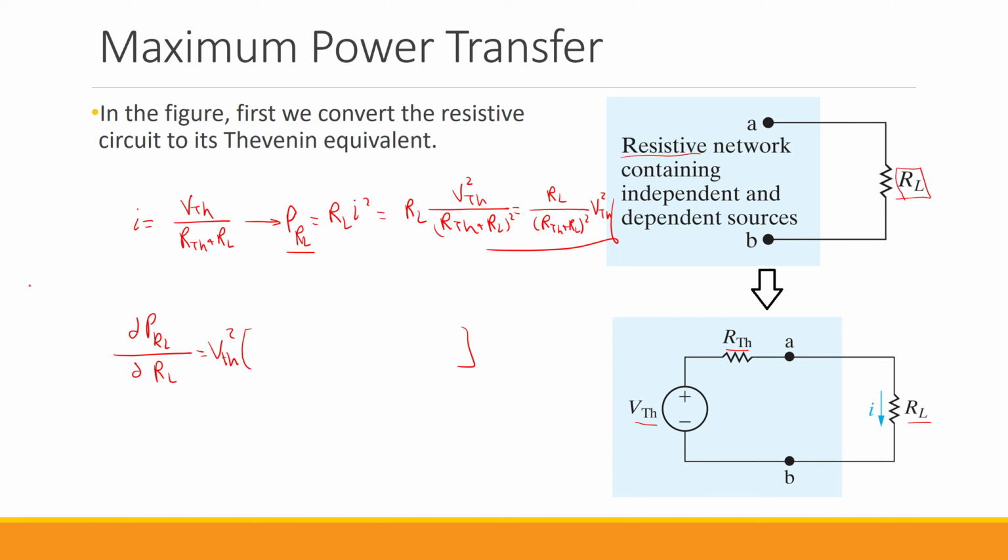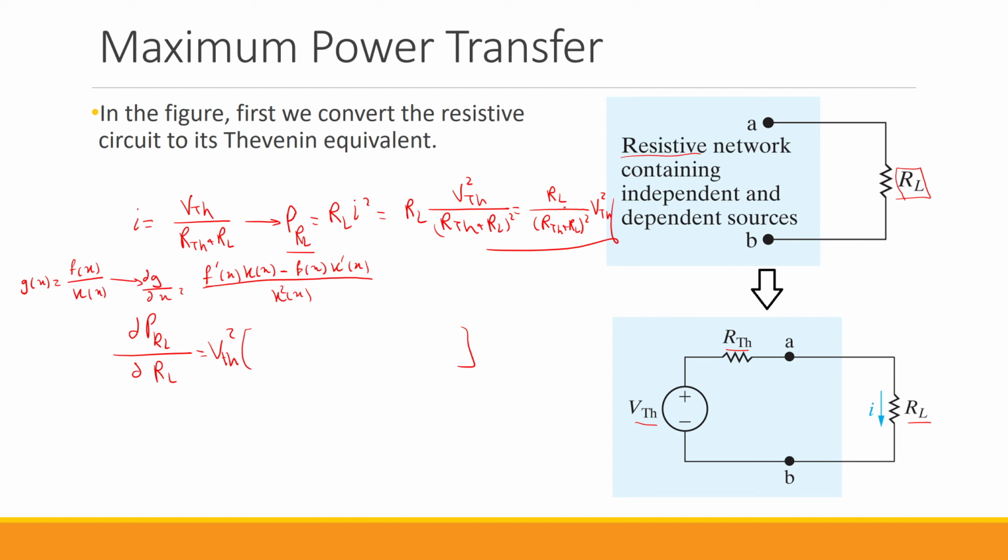So you remember if you had, let's say, g of x as f of x over k of x, basically the derivative of g with respect to x would be f prime of x, k of x, minus f of x, k prime of x, and the prime is representing the derivative operation, divided by k of x squared.